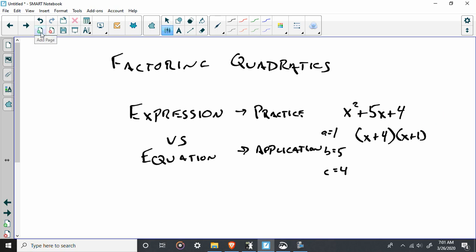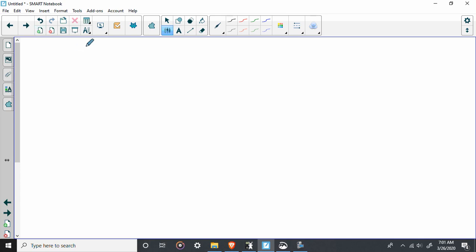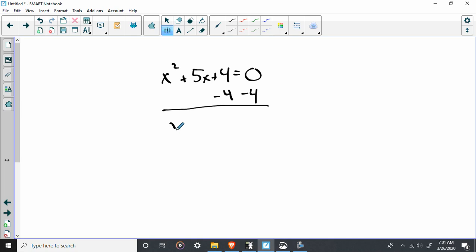So say I give you x squared plus 5x plus 4 equals 0, and I say, hey, solve this. Well, a lot of you guys are like, all right, I'm going to subtract 4 from both sides, and I'm going to say x squared plus 5x equals negative 4.